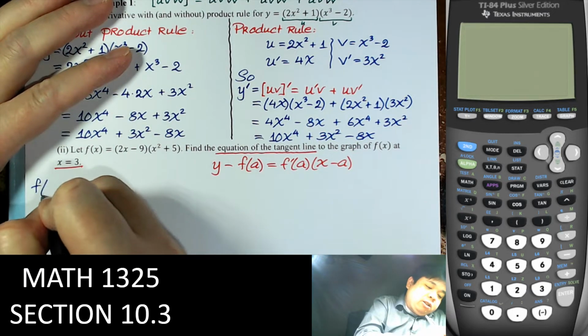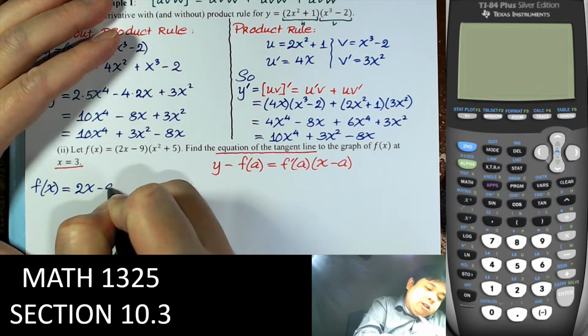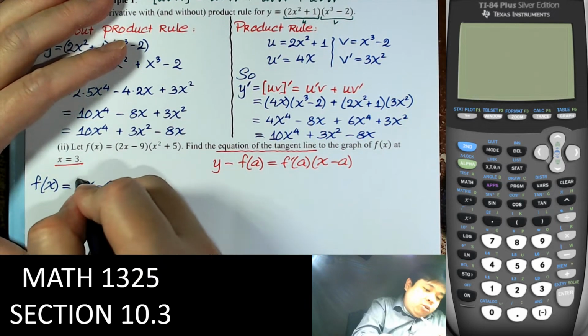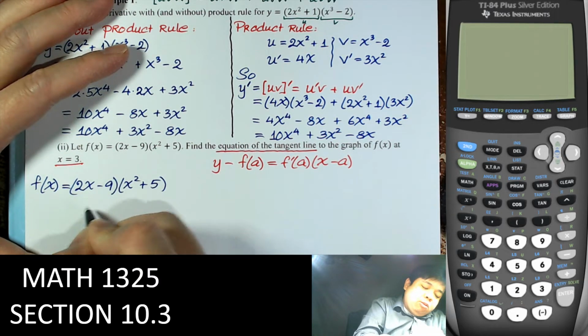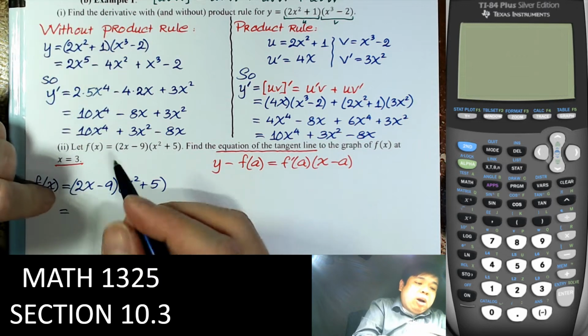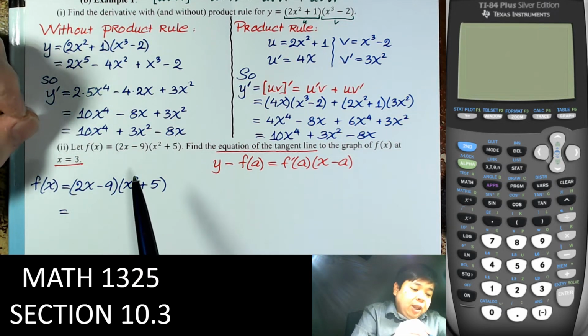So the function is 2x minus 9 times x squared plus 5. Multiply them out. So I will find the derivative without the product rule here.